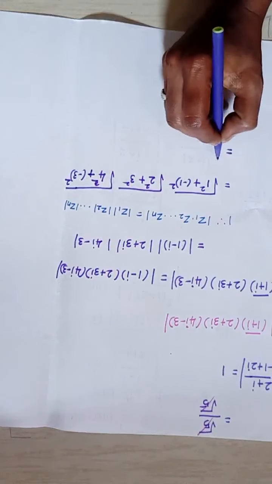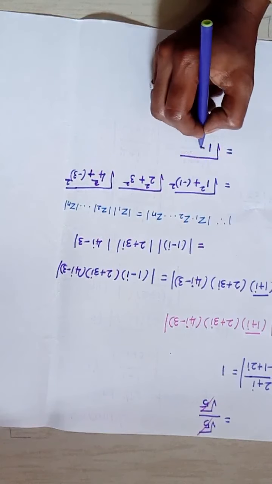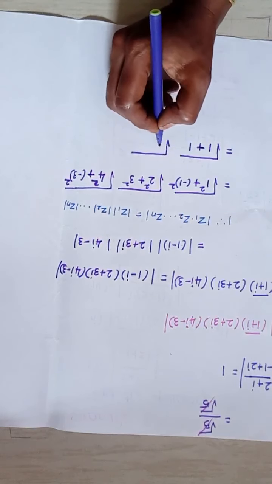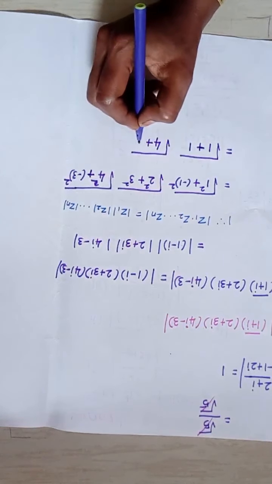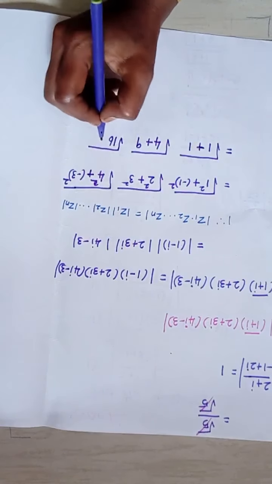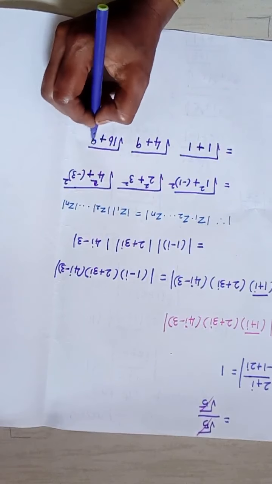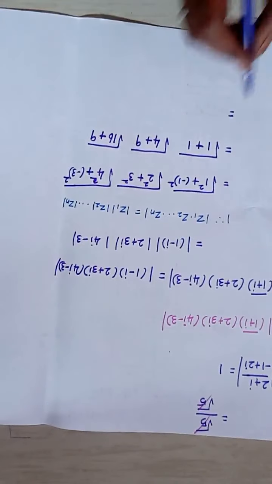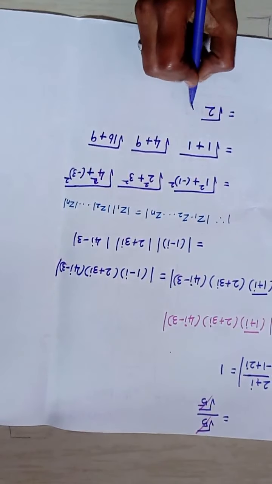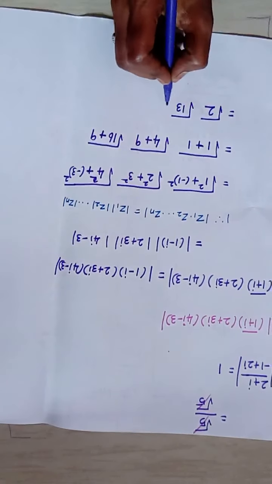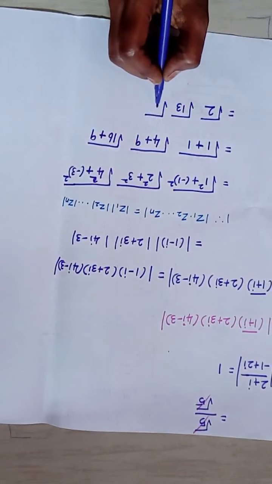Which is equal to square root of 1 squared is 1 plus (minus 1) squared, this is also 1, into square root of 2 squared is 4 plus 3 squared is 9, into 4 squared is 16 plus (minus 3) squared is 9. Now it is equal to square root of 2 into 13 into square root of 16 plus 9, which is 25.